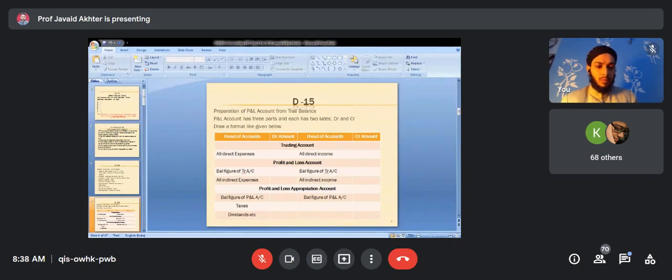So loss, because whatever we have sold is less than the revenue generated. Okay. Any other answer? No, sir, it means that our sales return were more than what we actually sold. Our sales return was more than what we sold.